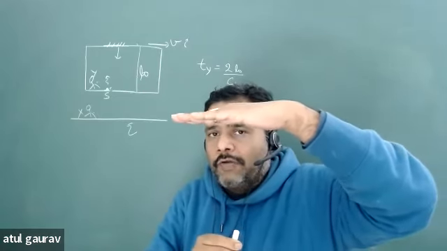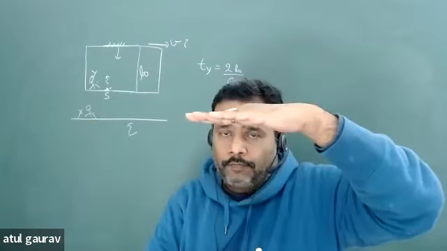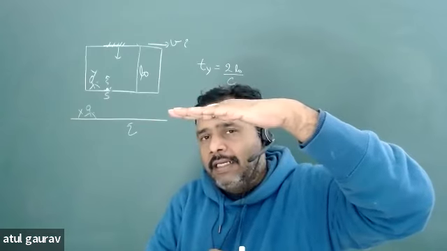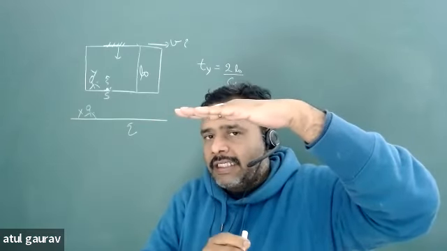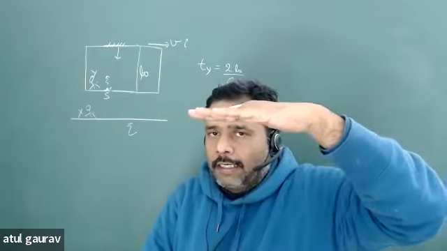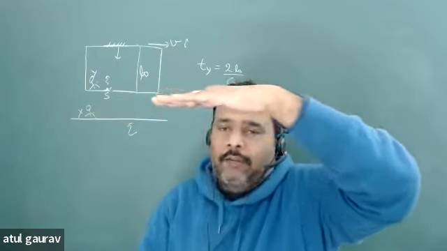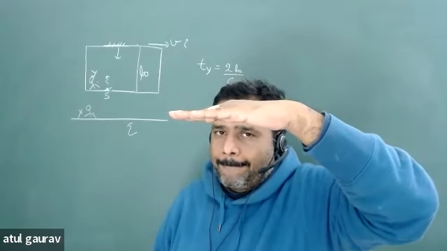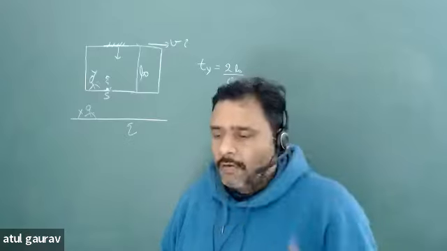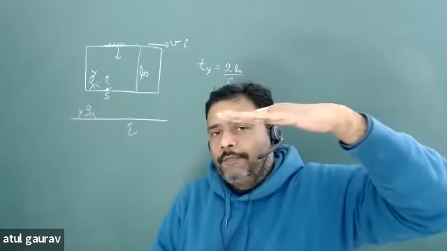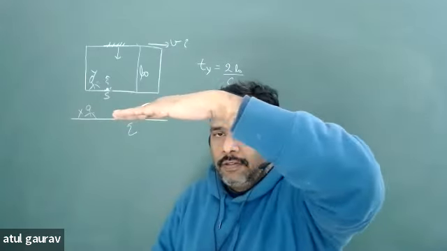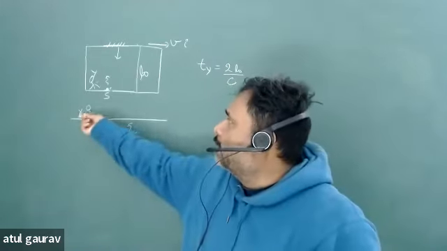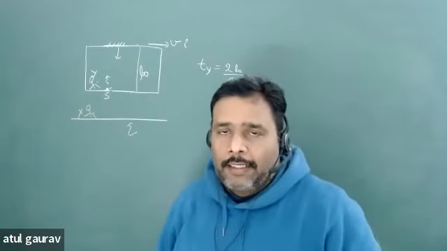The mirror is moving with respect to x. So if the mirror is moving, and the event is that the light pulse has to collide with the mirror, then if the mirror moves like this and the light pulse goes only in the vertical direction, will it collide with the mirror?